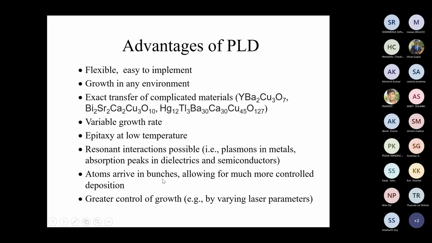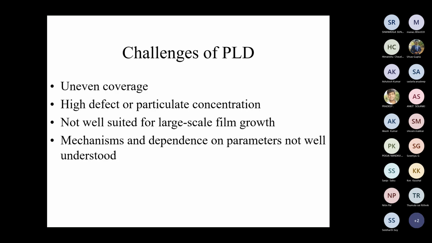Atoms arrive in bunches, allowing much more controlled deposition and greater control of the growth by varying the laser parameters. So laser parameters are very important: which kind of laser we are using, the pulse of the laser, and the wavelength of the laser decide the quality of the film.